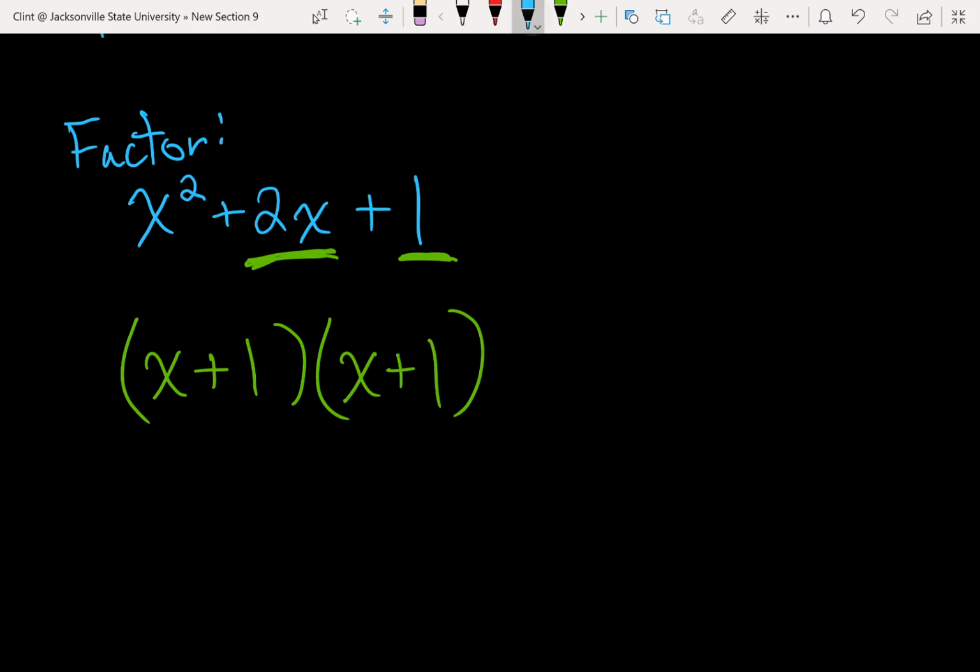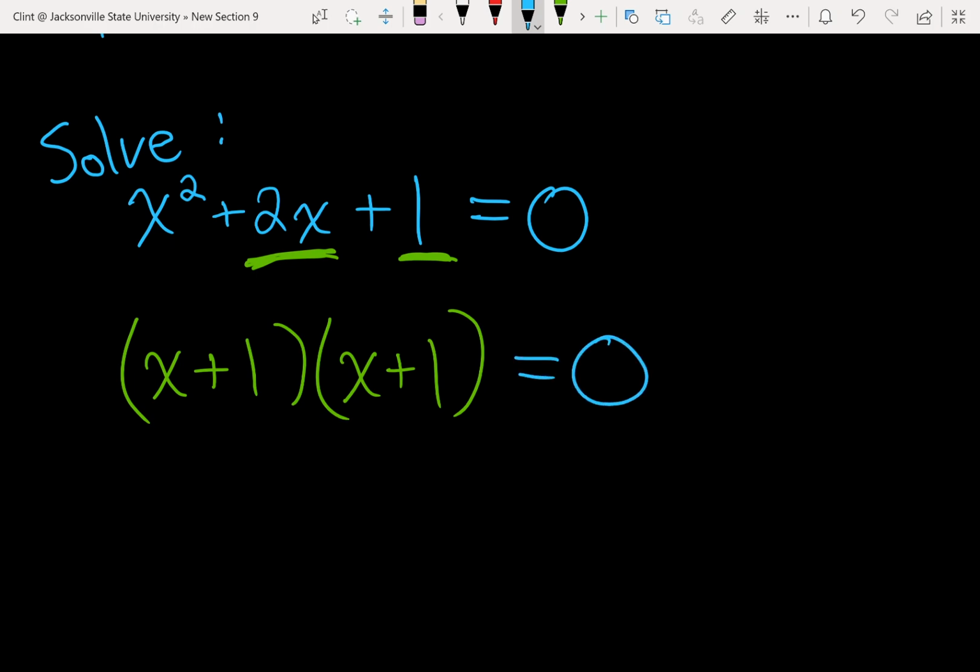We had started off with this thing as an equation. Solve for x. We would factor, and then there's one way we could do it, and then what do we do next?